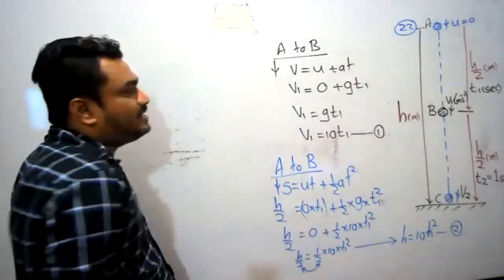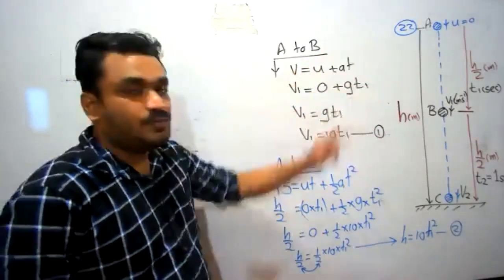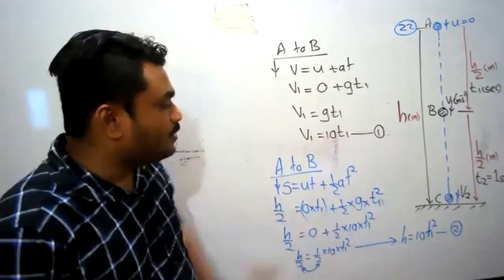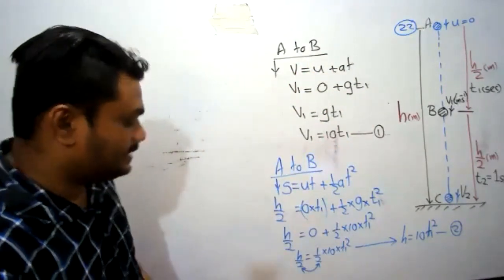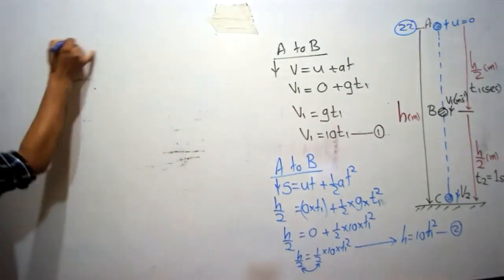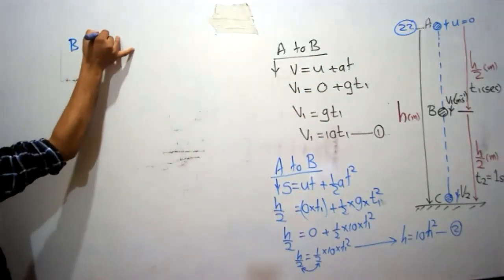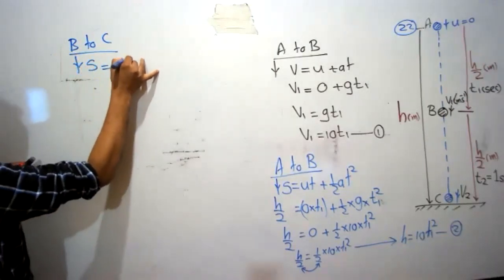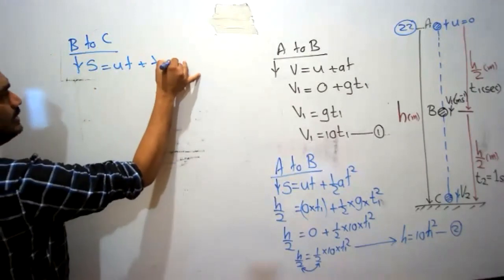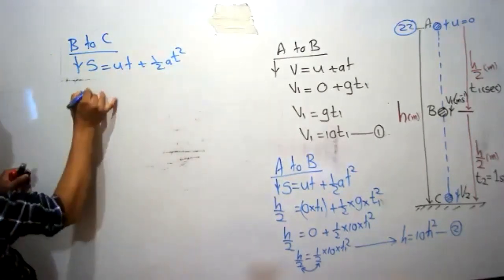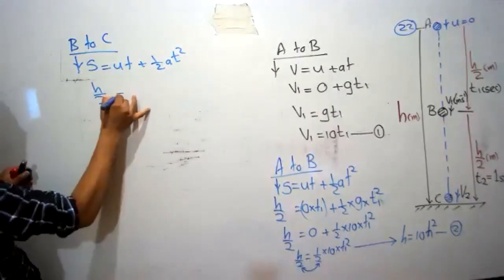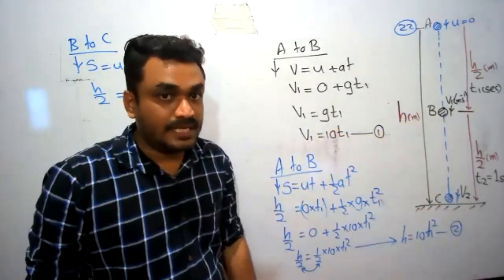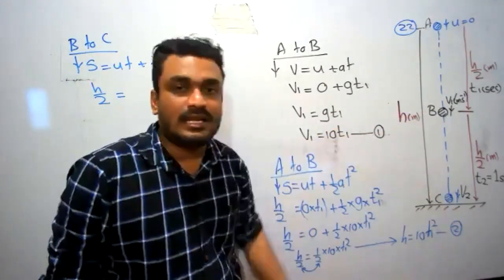So we have applied two equations for A to B. Let's do the same for B to C. Let me apply the equation S equals UT plus half AT squared. S is H over 2. The object travels from B to C during the last second.